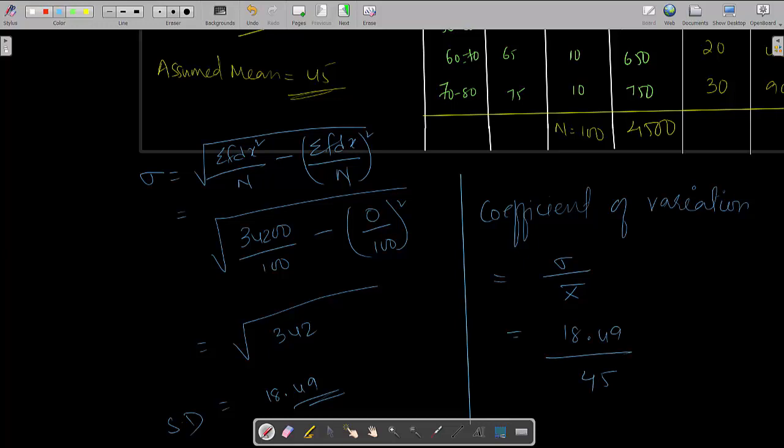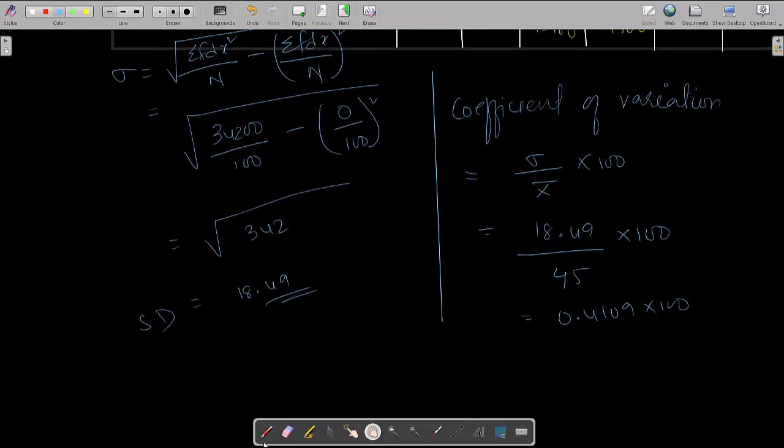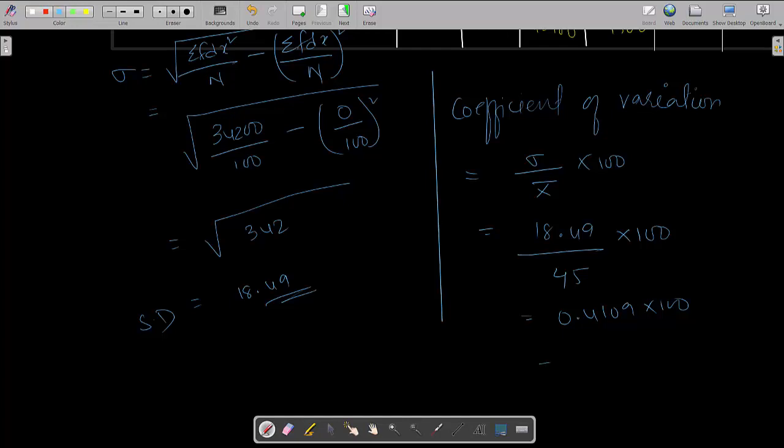If you divide 18.49 by 45, you will get 0.4109. Multiplying by 100, you should get 41.09%. So our coefficient of variation is 41.09%. Okay, so with this, question number 9 is over.